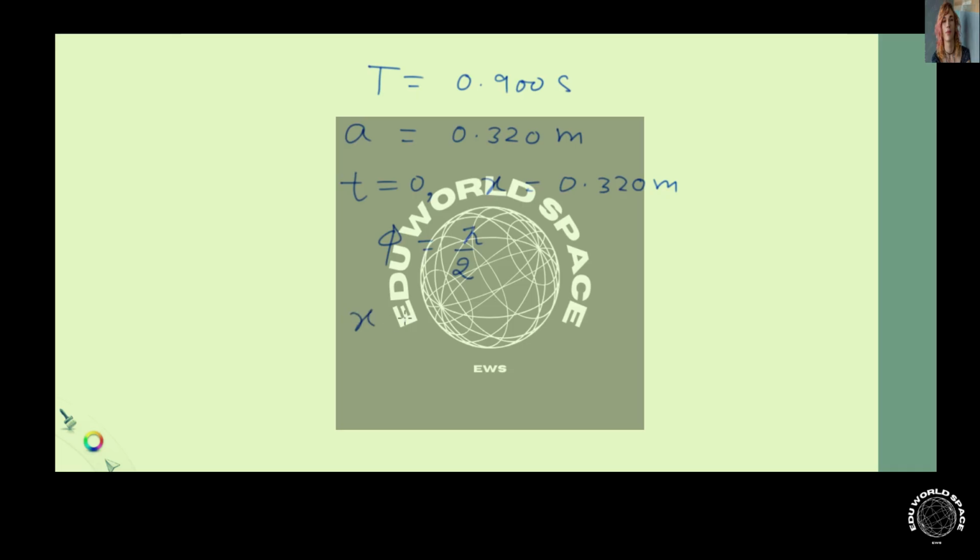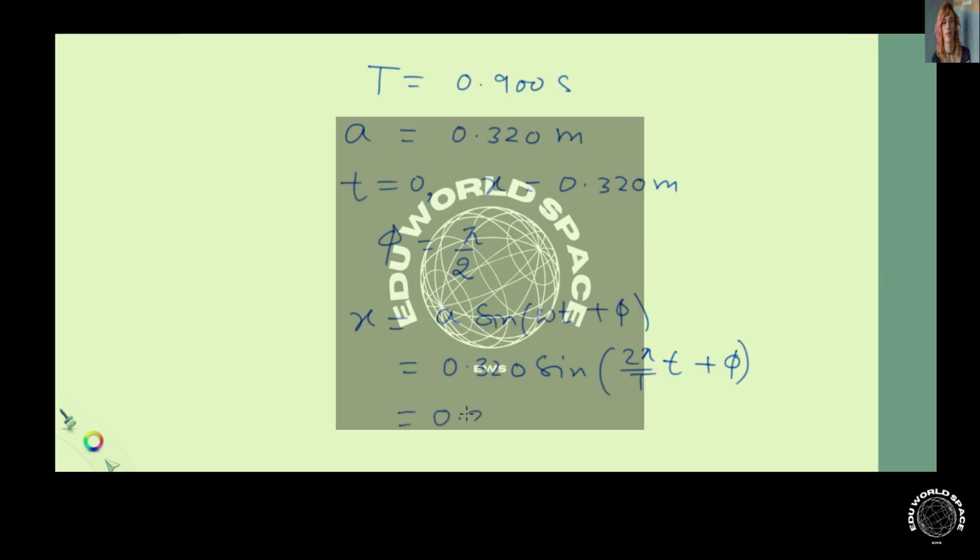So its equation may be given as x equal to a sine omega t plus phi. So for a, this is 0.320 sine; for omega, this is 2 pi by T into t plus phi.